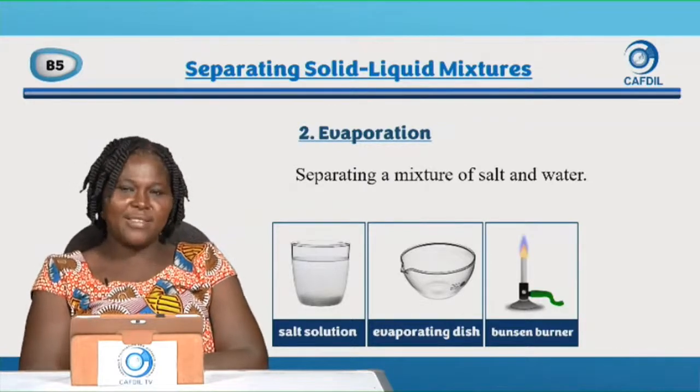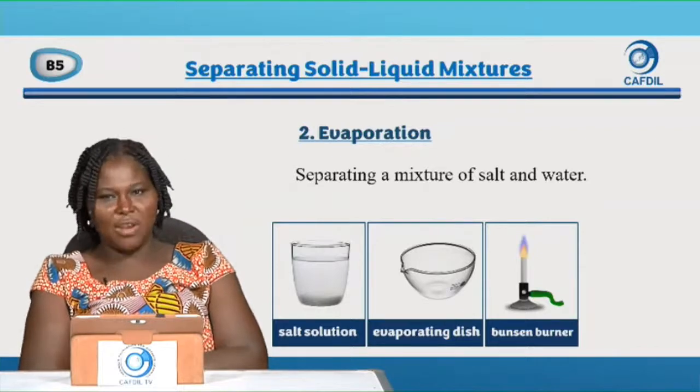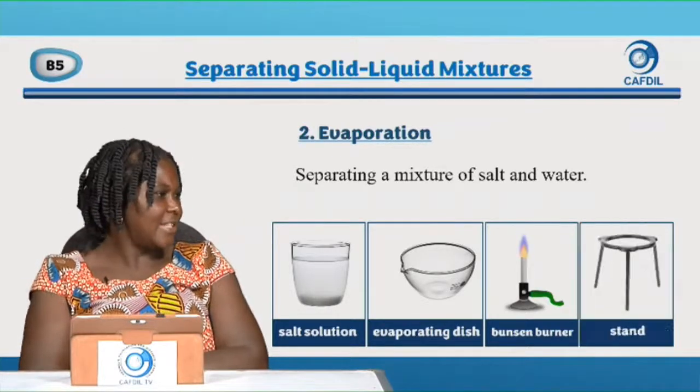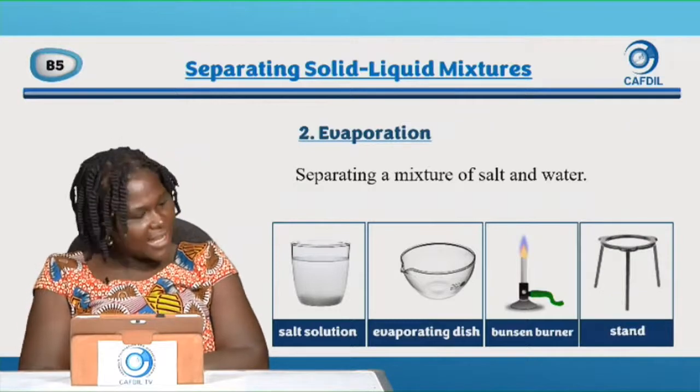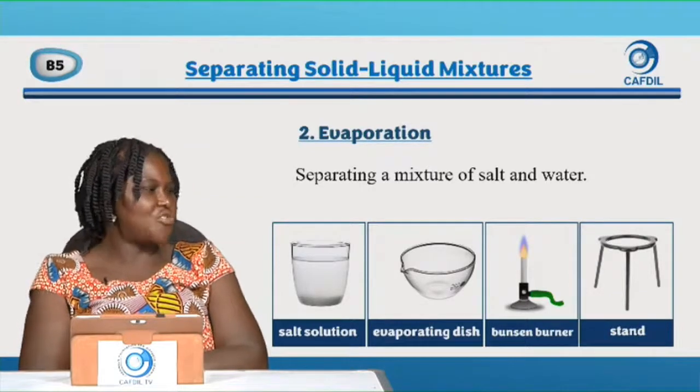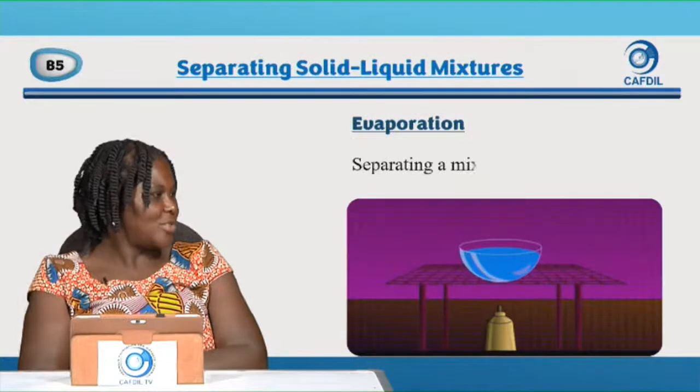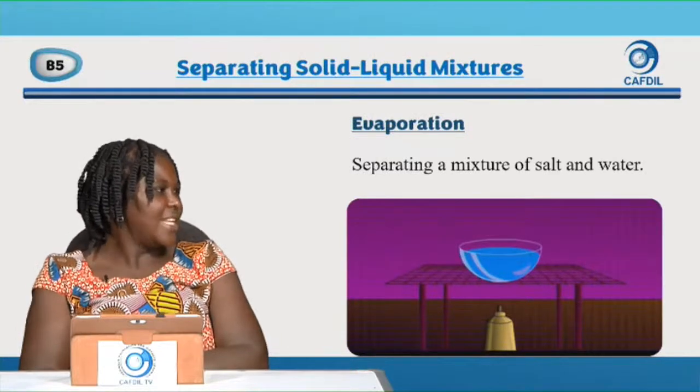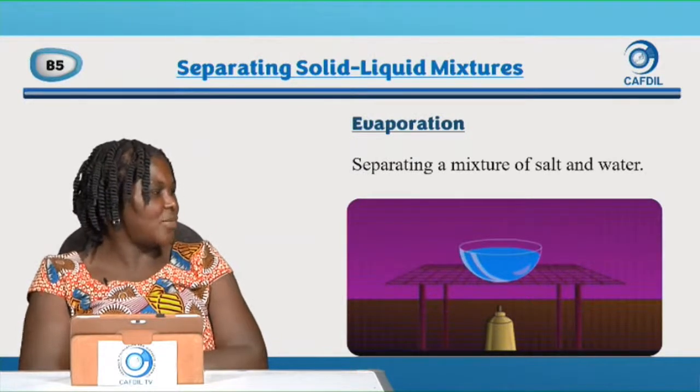These are the things that we need to separate the salt and the water. And the last one is the tripod stand. So this is how we do it, separating a mixture of salt and water.